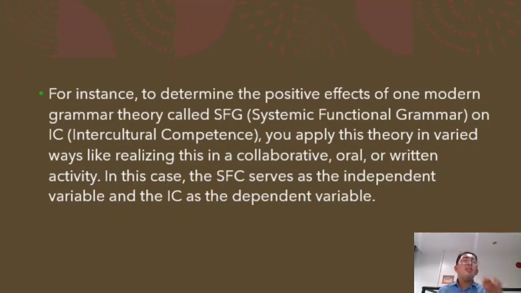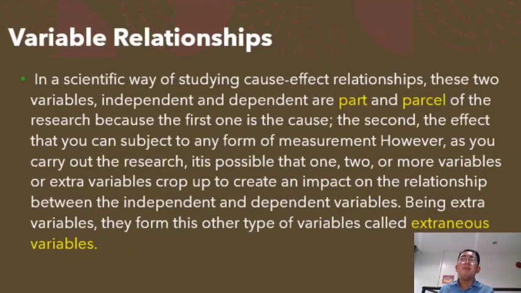Then what could be the effect of your control of the independent variable, the SFG, on the intercultural competence of the person? So the intercultural competence would be the dependent variable because the result of the IC is based on how the independent variable was worked on and experimented. Alright? So that is what we call independent and dependent variables.